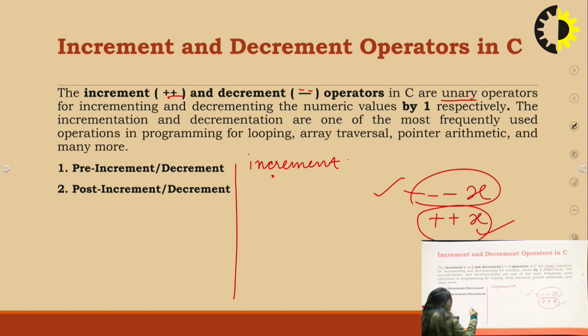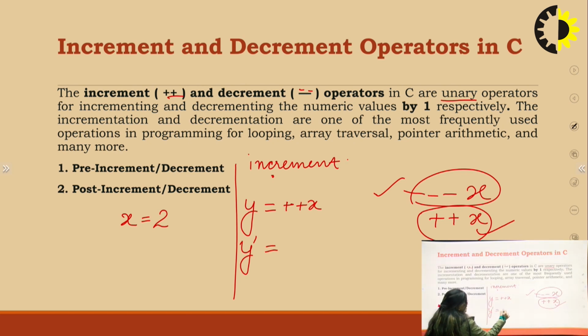Let's say for the x variable you have assigned the value 2. And somebody asks you, give me the value of y when you have plus plus x, or give me the value of y dash when you have the value of x plus plus. Now, what is this and this?